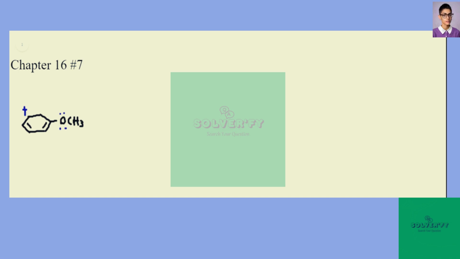Okay, and so in order to draw resonance structures, we're going to move electrons around. So the first one we can draw, we can just move the electrons of this double bond over. And so that is going to give us a resonance structure that looks like this.